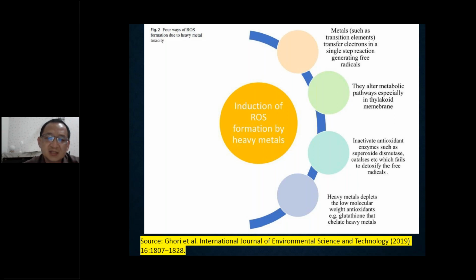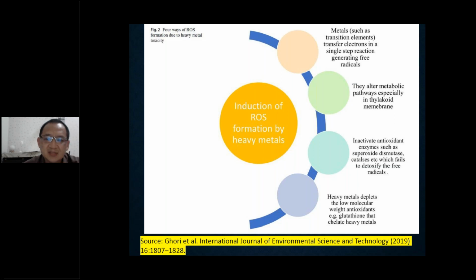Again, they need to be discarded as soon as possible by the formation of antioxidants, whether enzymatic or non-enzymatic. The ROS will also potentially make the antioxidant enzymes inactive.